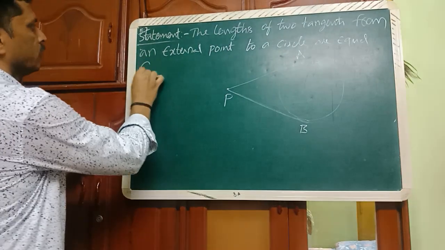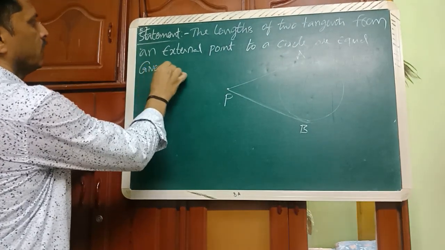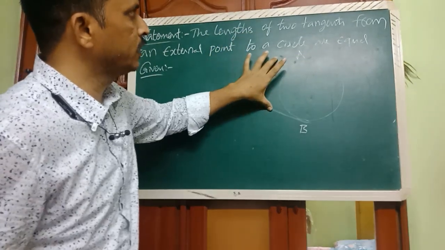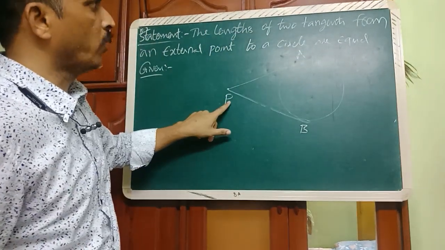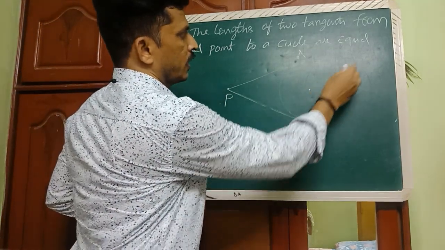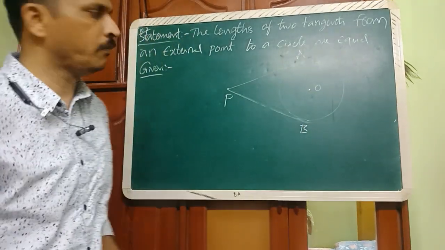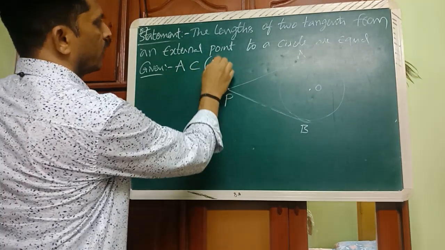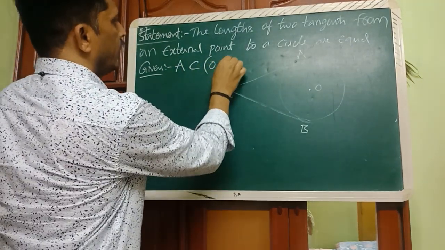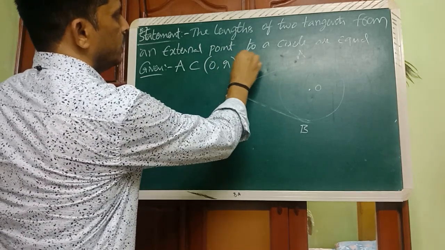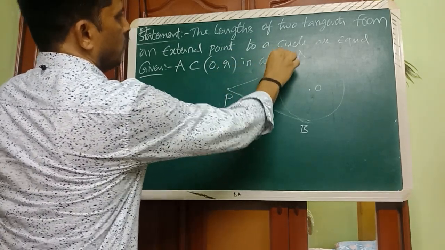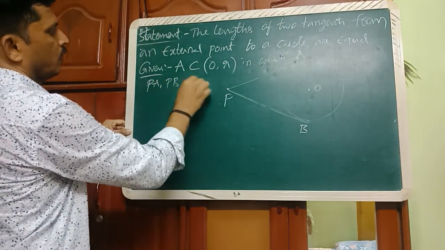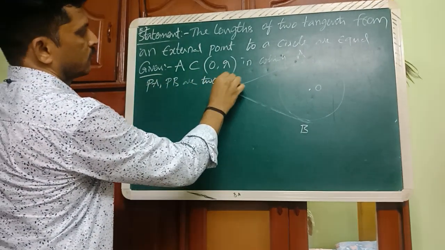So what is given? They give the length of 2 tangents and one external point. A circle C1, the center is O. Given a circle with center O and radius R, in which PA, PB are 2 tangents.